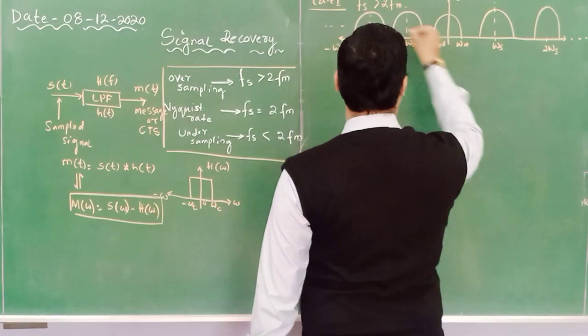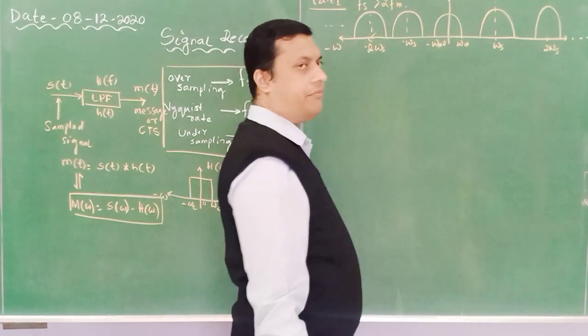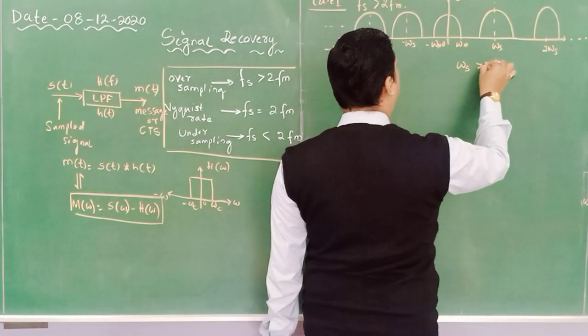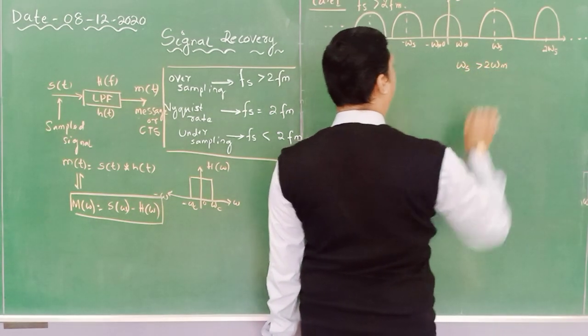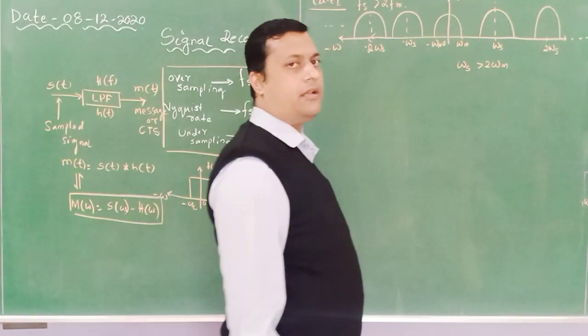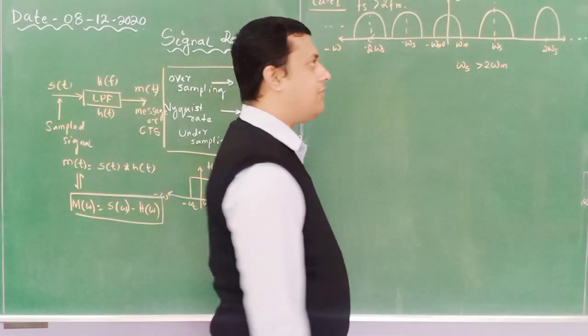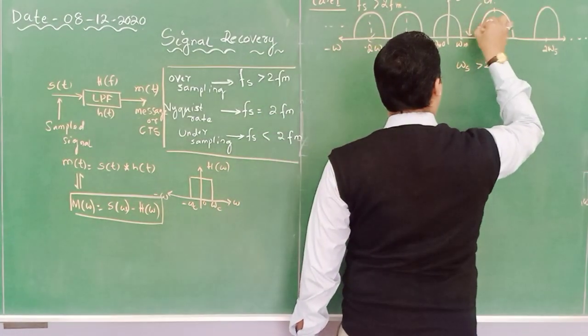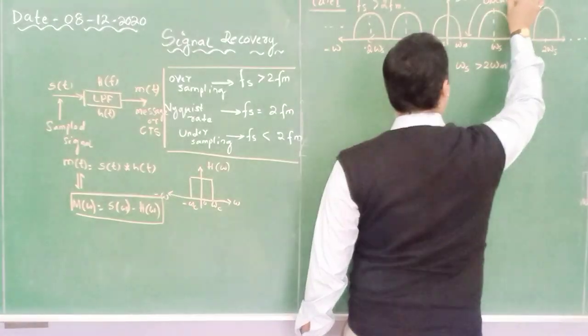Now in this case, when Fs is greater than 2 Fm, or omega s is greater than 2 omega m, there will be a small gap between two consecutive spectrums. Last class we also discussed that this particular bandwidth is called the guard band.